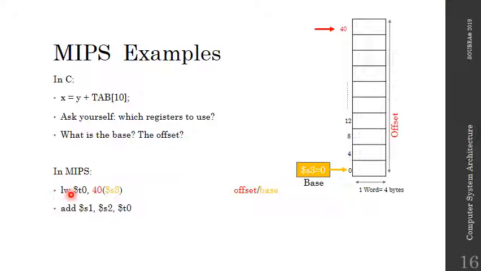So this is a load word here. Then I'm adding the element that I put in T0 to the element that I have in S2. I suppose that S2 is representing Y here, and the result I'm putting in S1, which is X. Fair enough?